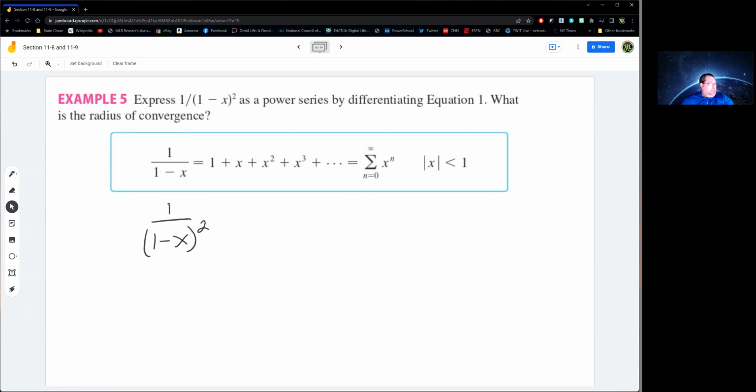When we're looking at this series right here, 1 over 1 minus x equals that, if I did the derivative of this, if I had f of x is 1 over 1 minus x, what would f prime of x be?